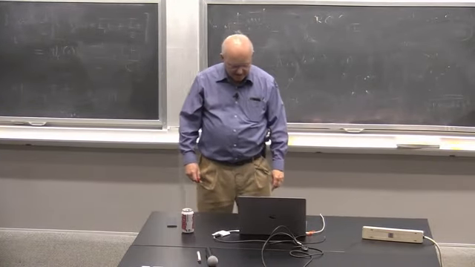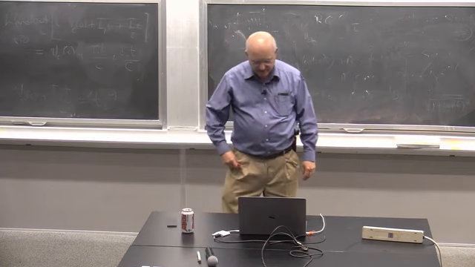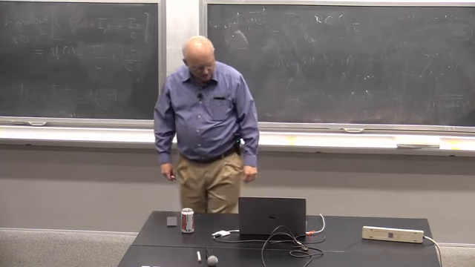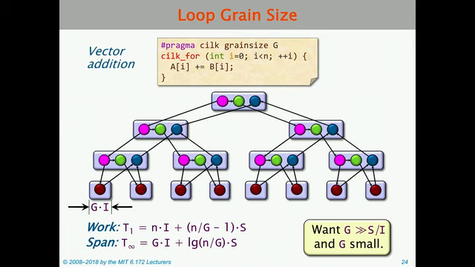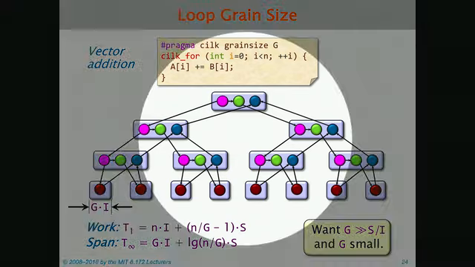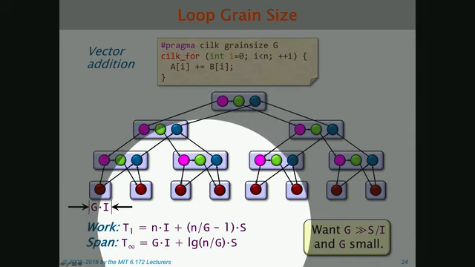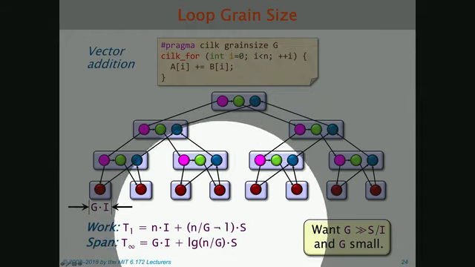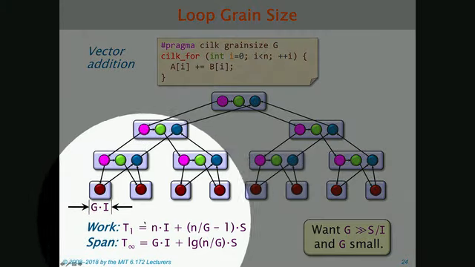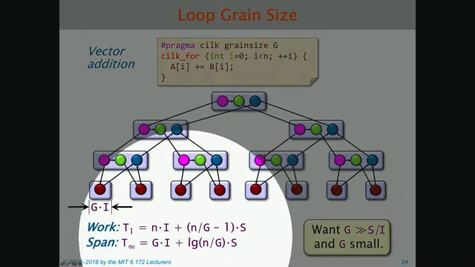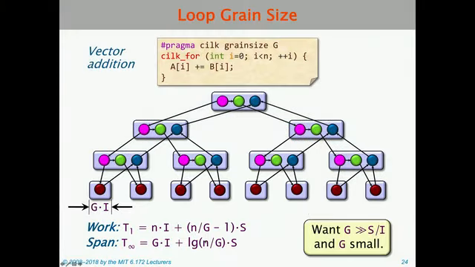So in particular, what I want is G to be at least S over I. Why? If G is bigger than S over I, then this term multiplied by S ends up being much less than this term. Do you see that? That's algebra.